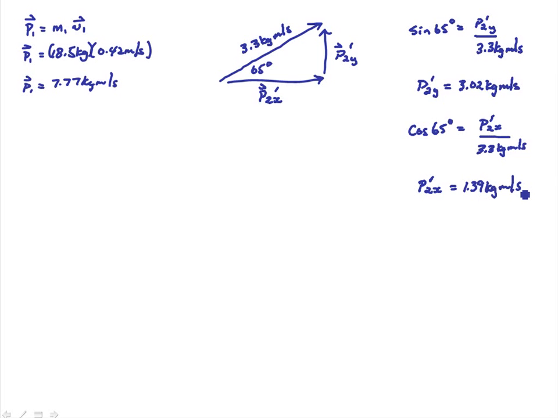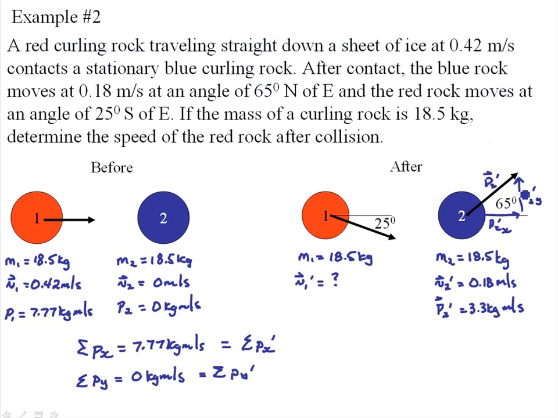Now I'm going to go back to my diagram and put this information so that I don't forget where it came from. So let's go back to our diagram and label this. P2x after turned out to be 1.39 kilogram meters per second.